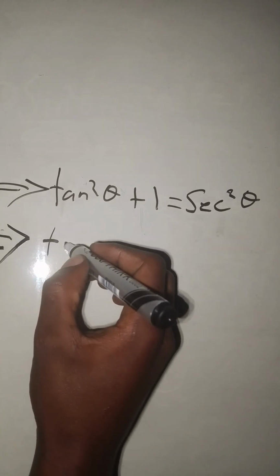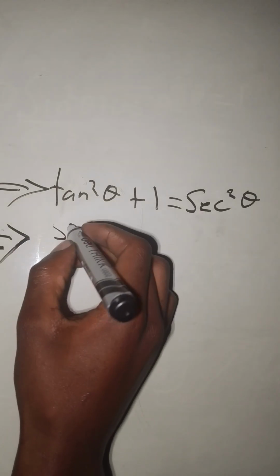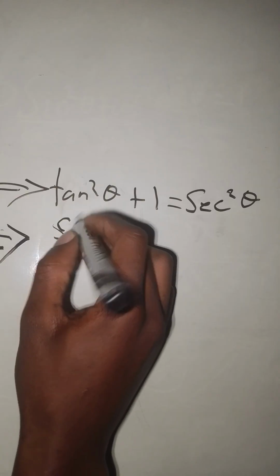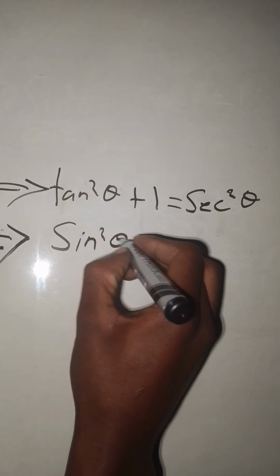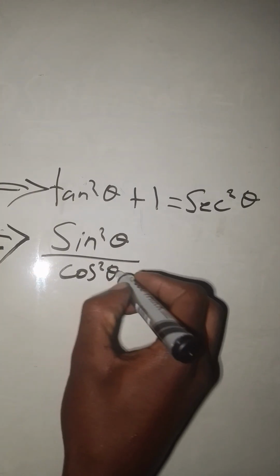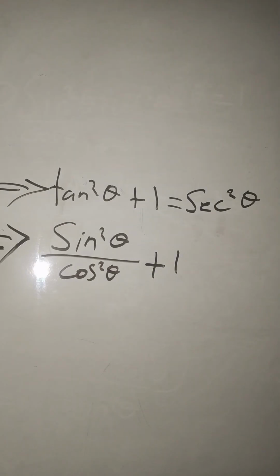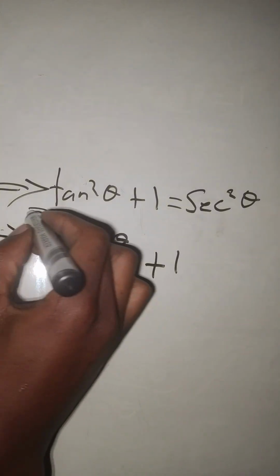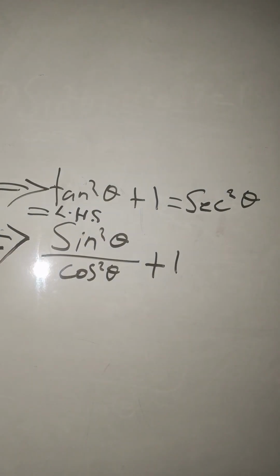So tan is equal to sine squared theta over cos squared theta plus 1. Okay, so this is the side that we want to work on. Actually, we're working on the LHS. All right, this is the side that we've chosen to work on.